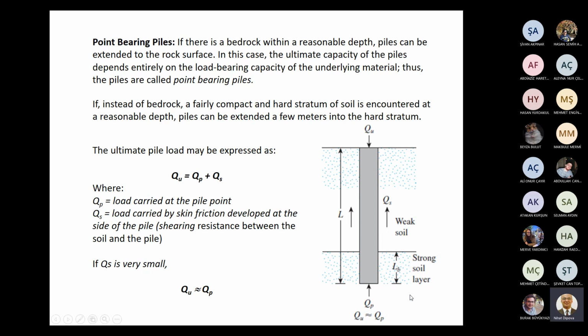In such a case, the ultimate pile load may be expressed as Qu, the ultimate load capacity of a pile, equals Qp plus Qs. Qp is the load carried at the pile point, and Qs is the load carried by skin friction developed at the shaft.